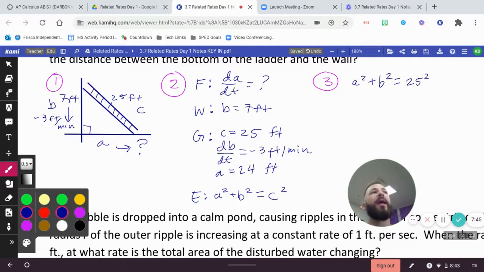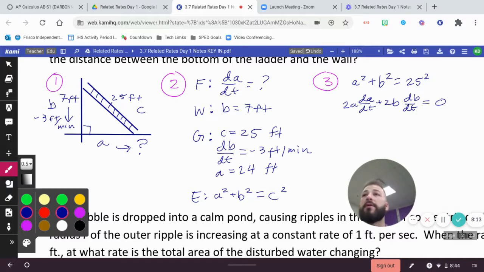I just went ahead and plugged in for C real quick. Now I'm not even going to worry about squaring 25 because I'm about to derive this equation. What's going to happen to a constant when we derive it? It's just going to go away, which is really awesome. Okay. So the derivative of this using our related rate style would be 2a dA dt plus 2b dB dt equal to just 0.